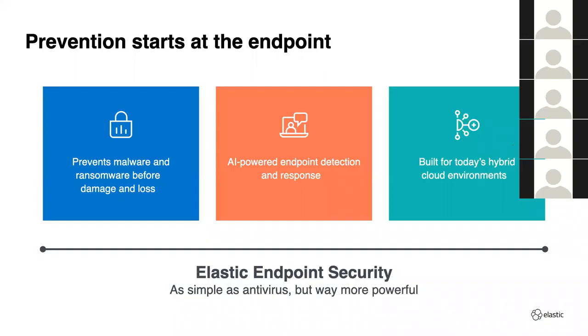Elastic Endpoint Security enables us to perform prevention, detection, and response, all with one agent across nearly the entire scope of typical IT systems. We can install this agent on Windows, macOS, or Linux, with the different versions. So we will not have any blind spots about our hosts.